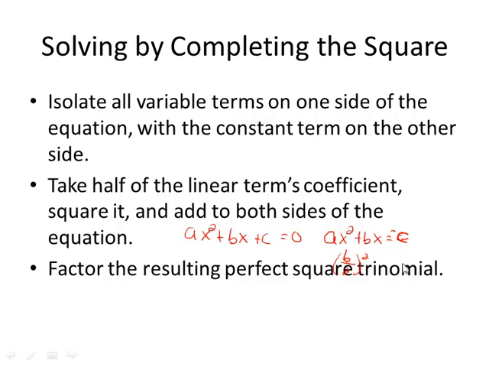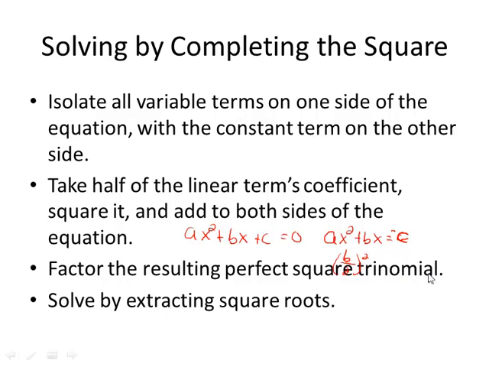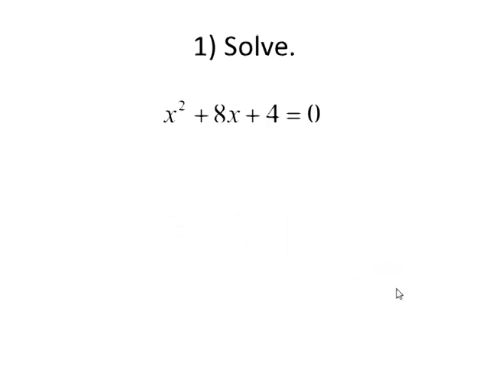The left side will be a perfect square trinomial. We'll factor that, and then we'll solve by extracting square roots. Basically, the idea is to take an equation that we didn't know how to solve and change it to a form that we know how to handle by extracting square roots.